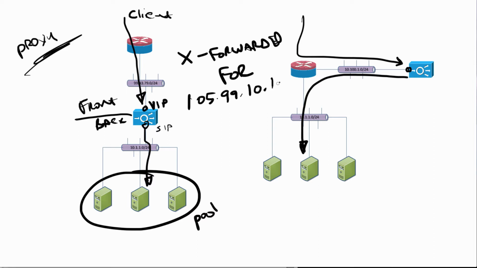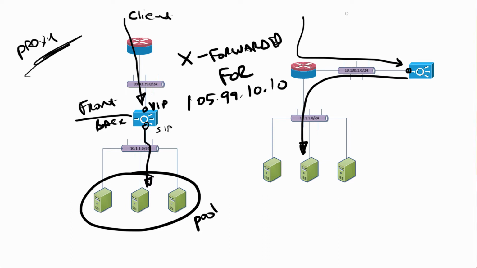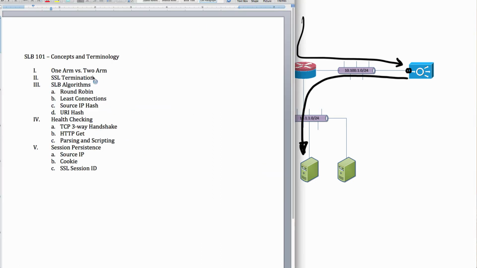So it might be something like that, gets inserted as a header, and then on the web server, I can instruct IIS or Apache or any other web server to log and do policies against that X-forwarded-for instead of the source IP. And this is a new feature. I just wanted to point that out, because this X-forwarded-for header is a new feature in NSX that was not in VCNS.